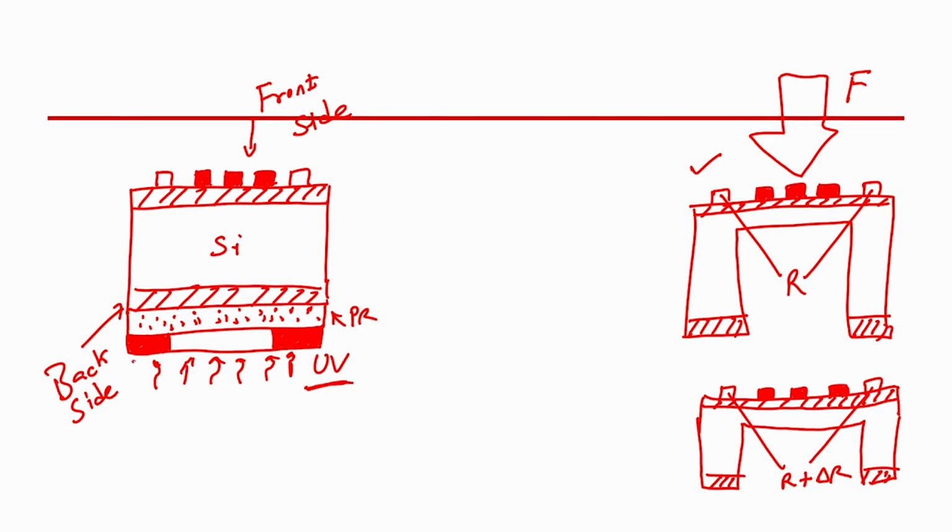When I expose this wafer with UV, what will happen? The unexposed region will be stronger and the exposed region would be weaker when I dip this wafer in the photoresist developer. So, if I dip this wafer in photoresist developer, what will happen?